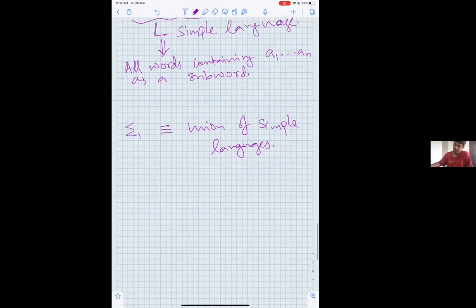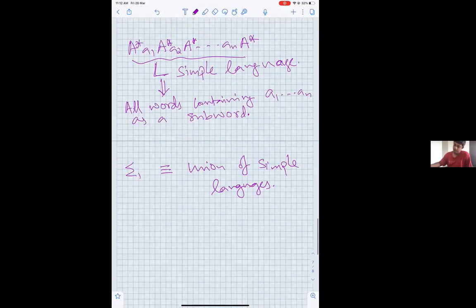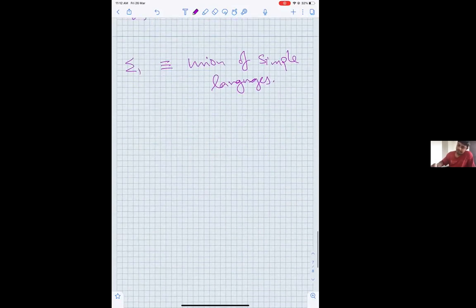All right. Let's observe a couple of things about union of simple languages. So ultimately, what we want to say is that we want to give a characterization for sigma 1. In other words, I give you an FO formula and I ask you this question: is it in sigma 1?